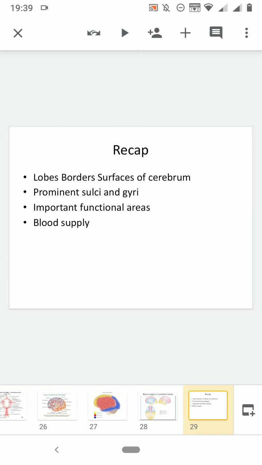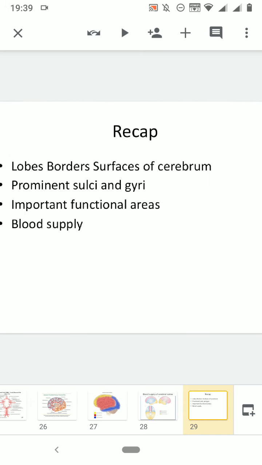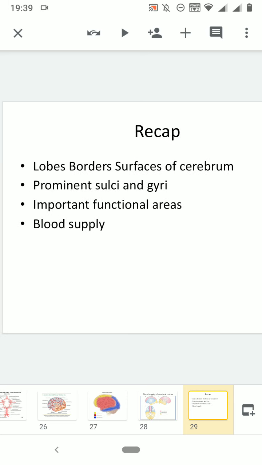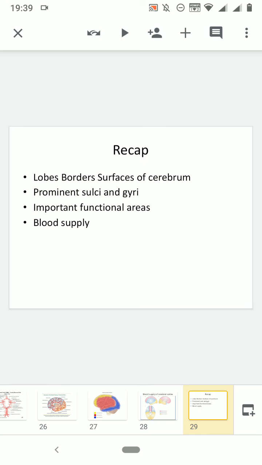Okay, so now coming to a very short recap, you have to know about the borders, lobes, border surfaces of the cerebrum. Next, definitely the prominent sulci and the gyri to differentiate the borders, to differentiate the lobes of the cerebrum, and also important functional areas. And also we have to talk about the blood supply of the cerebral cortex for a recap.